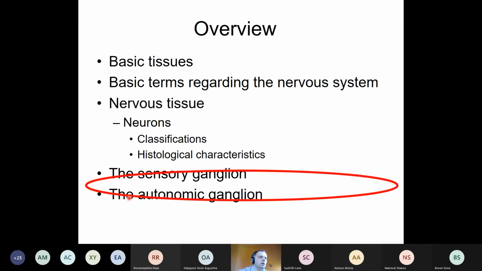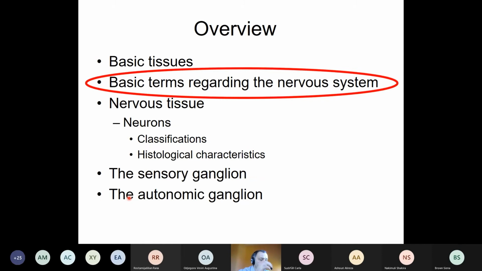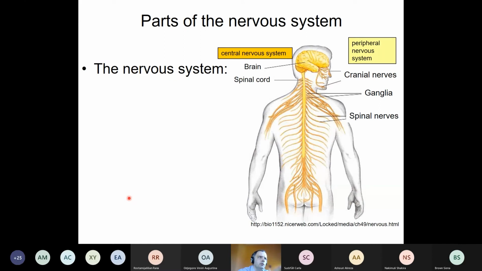The basic terms, in order to understand what I'm talking about when it's about nervous tissue, are something that I want to go through. And as I mentioned already, some of you are already familiar with this. But first of all, the nervous system is something that has parts.